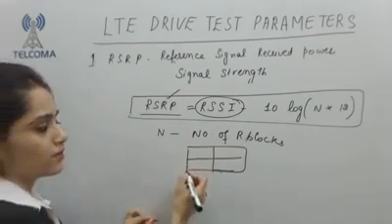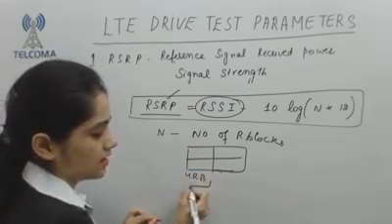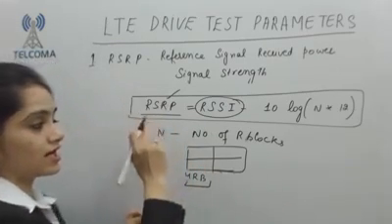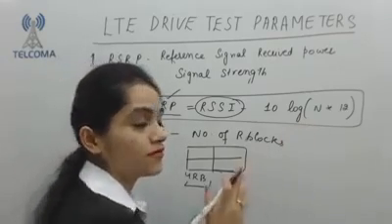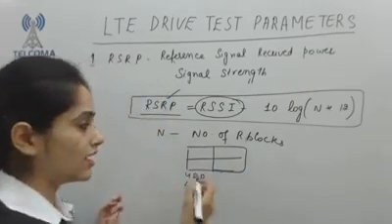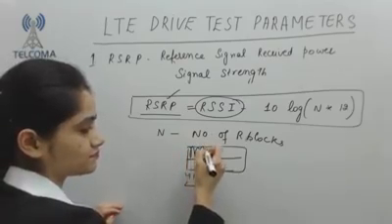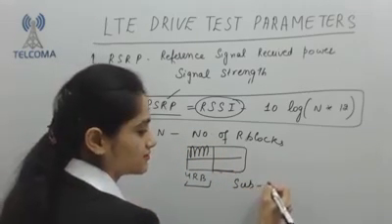If I have 4 RBs, I require to measure RSRP of these 4 RBs, where N is the number of resource blocks and 12 is the number of subcarriers.